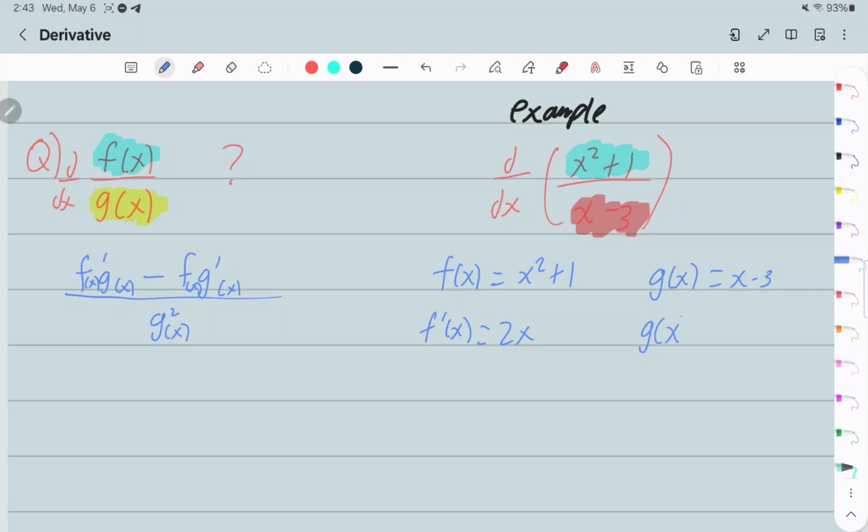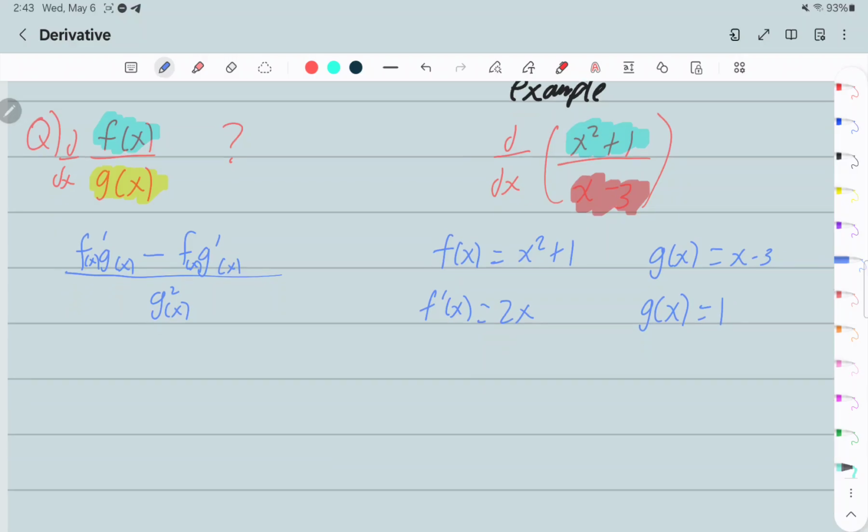For g(x), the 1 drops in, and then just 1 minus 1, again 0, so it's going to be 1. And minus 3 turns out to be 0 directly. So it's this. Let me just put this dash so we are not confusing anything. Now, the formula again was f'(x)g(x) minus f(x)g'(x), and this is all being divided by g(x) whole square.